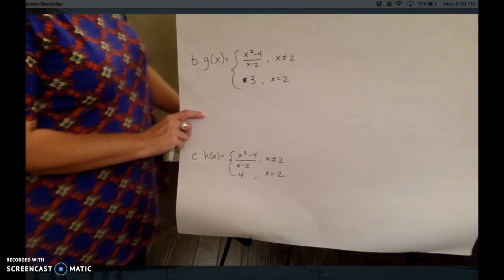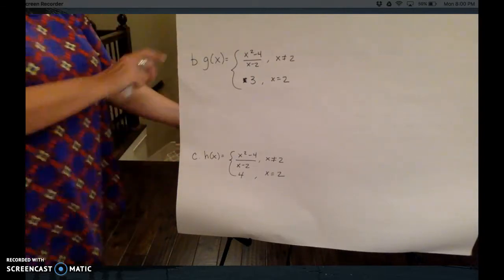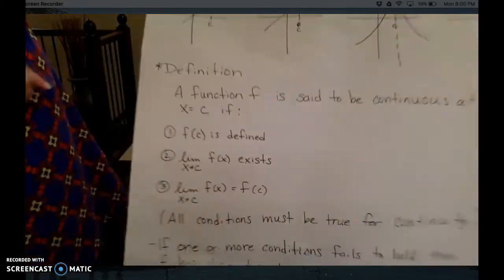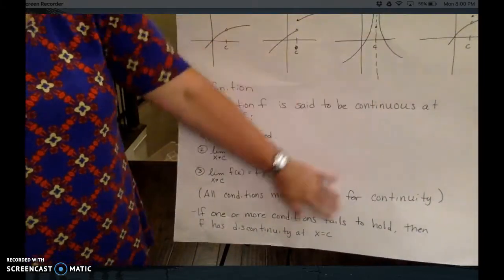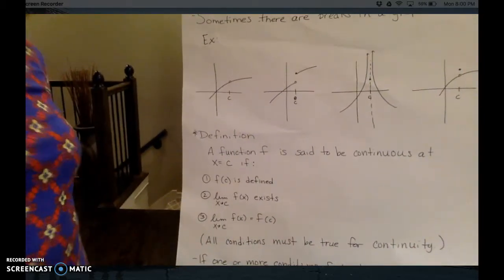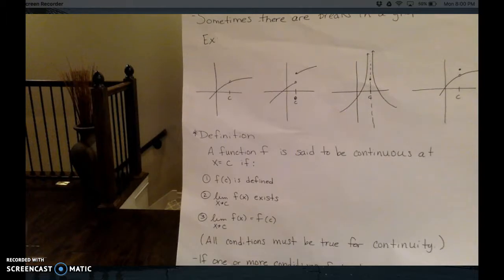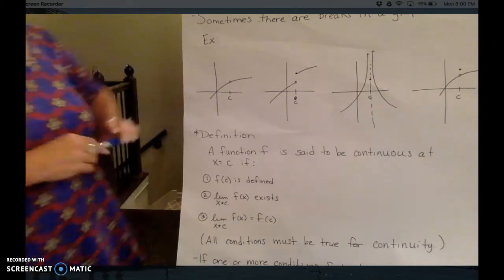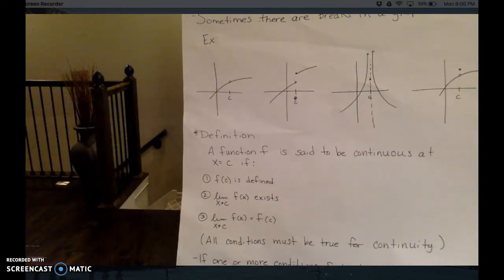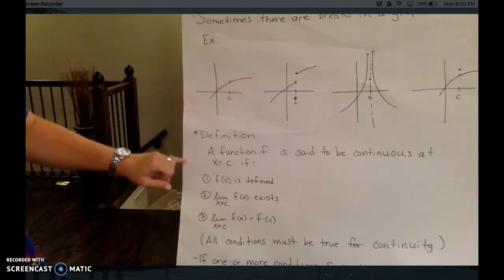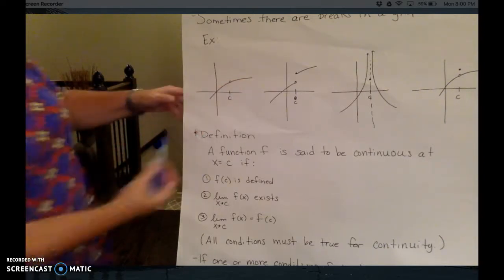Okay, so actually, hold that thought. I want to come back over here. Let's think about our definition with respect to these 4 graphs and see if we can figure out which conditions they violate, so that we understand what we're talking about with continuity. If we look at this graph, it's pretty good, right?